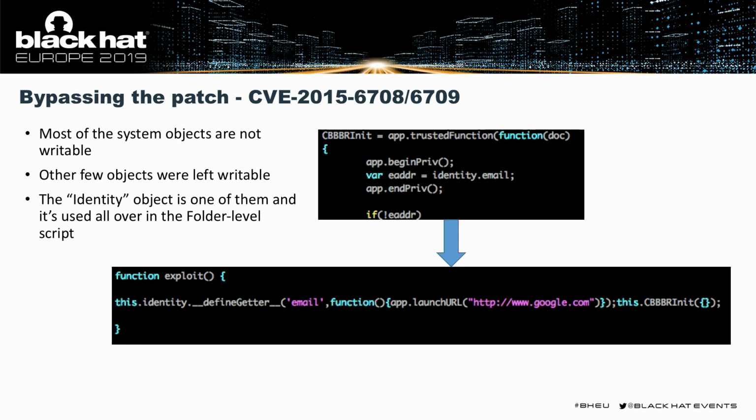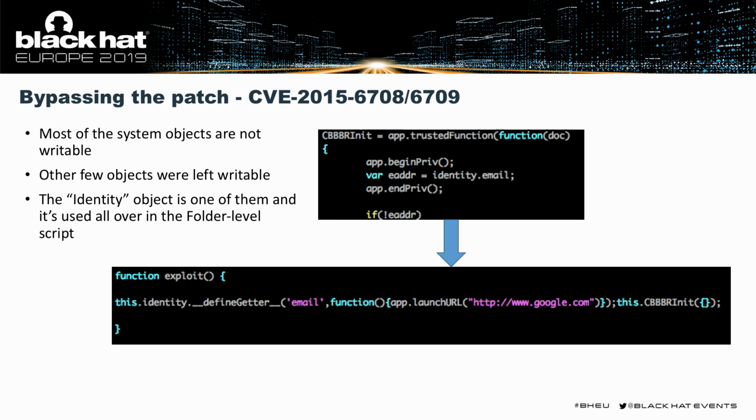In this case, it references the email property out of identity. So we figured out that if we create a getter for that and execute our own privileged API from inside that getter, then we bypass it. And that's exactly what we did. It was a simple exploit, simple bypass.